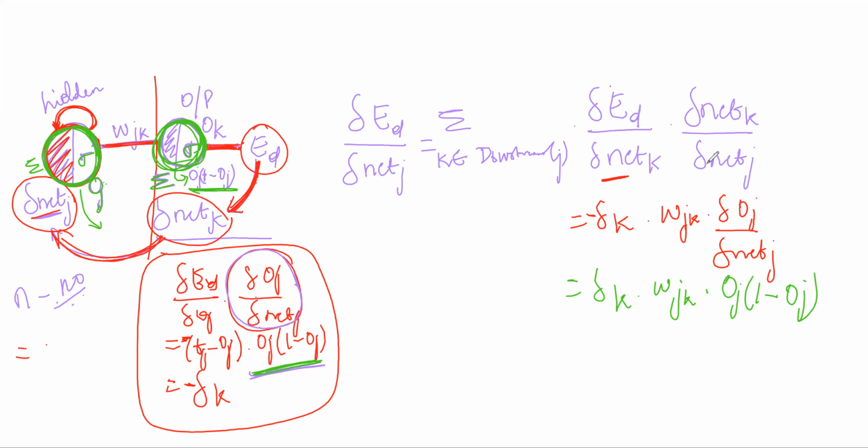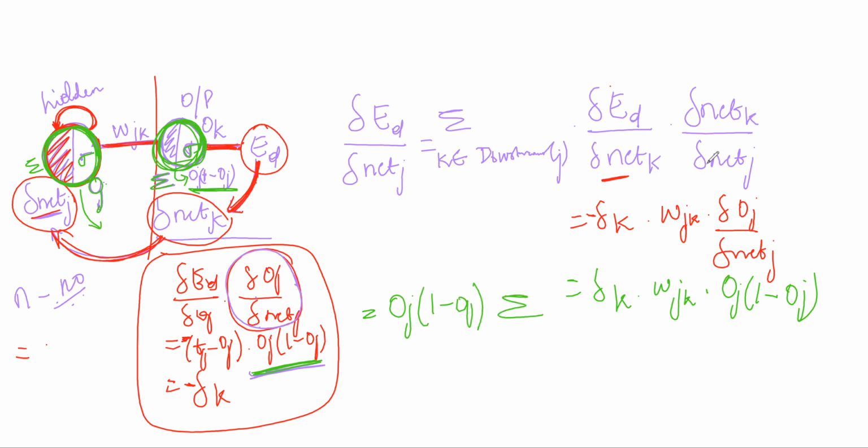Okay. So this finally will become my output of the hidden neuron. So I'll have just the remaining terms. What I'll do is I'll take all the terms: delta, that is Oj into 1 minus Oj. I'll write this summation over here because these are all the dependent terms.